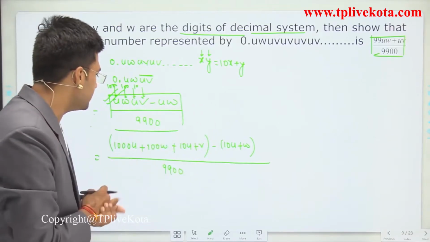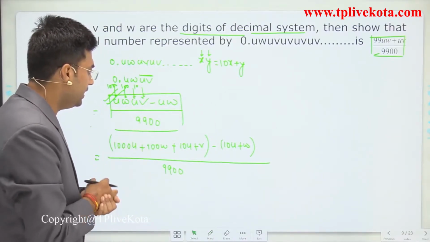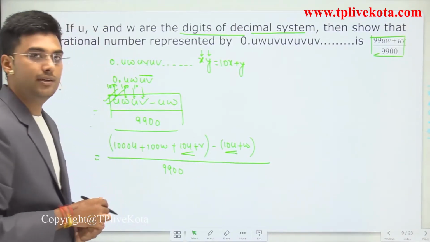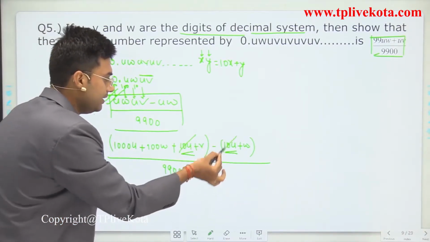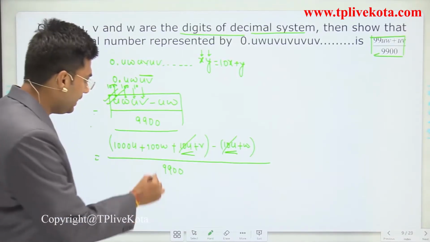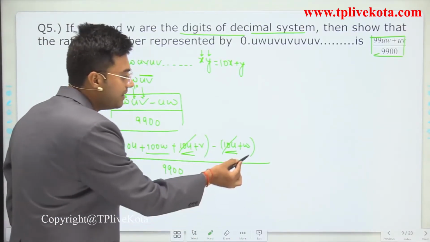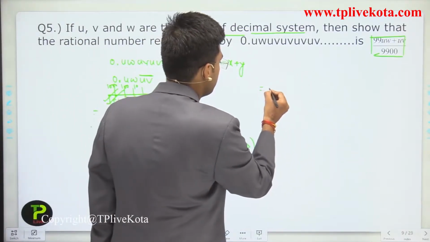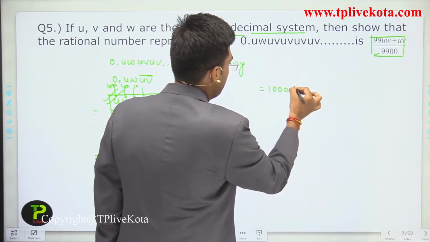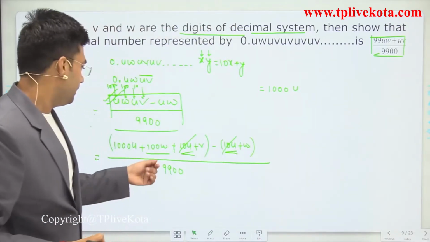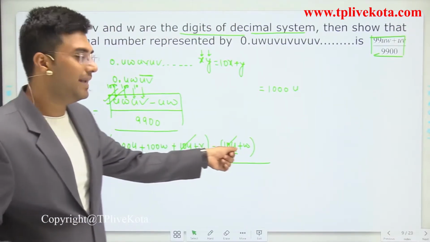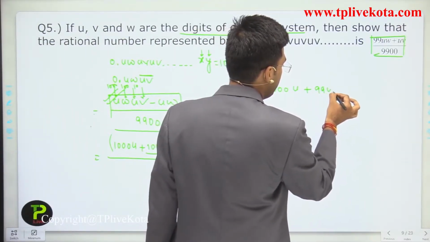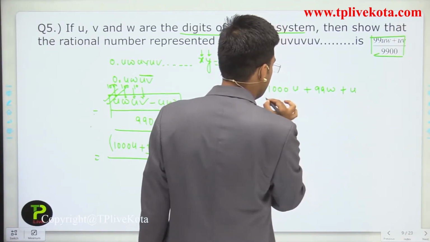Now dear students, let's solve this expression. Here is 10u and here is minus 10u. So this 10u and 10u cancel out, and here is 100w and here is minus w. So let's solve this. It is equal to 1000u plus 100w minus w, which is equal to 990u plus 99w.